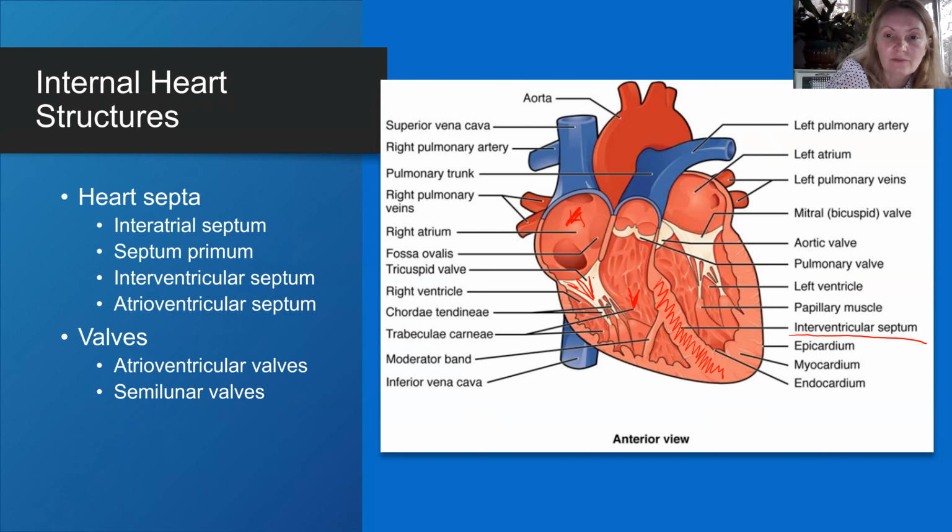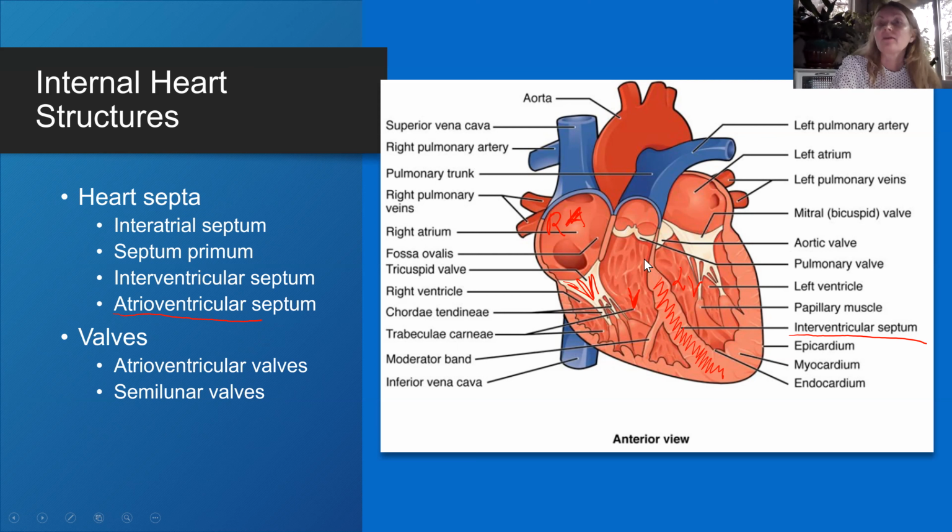There is a valve. When it says atrioventricular septum, it's actually the septum between the right atrium and left ventricle. So there is a small septum that we cannot see here either, but it separates the right atrium from the left ventricle.